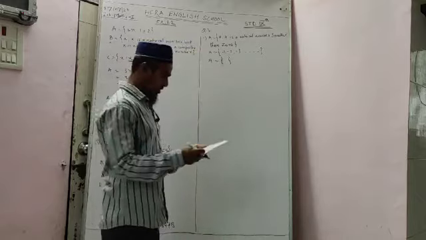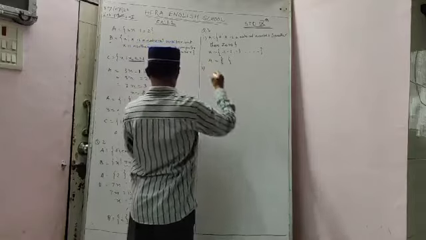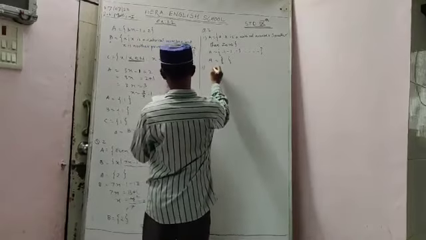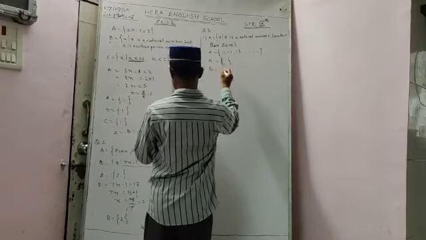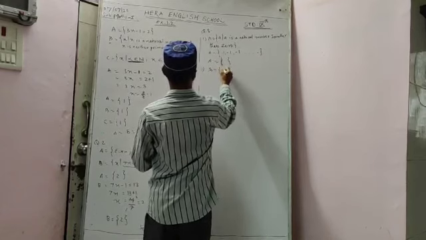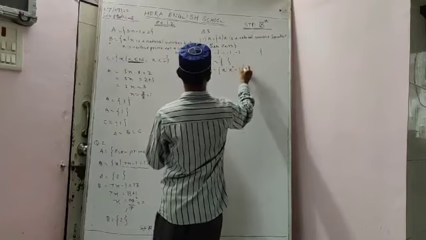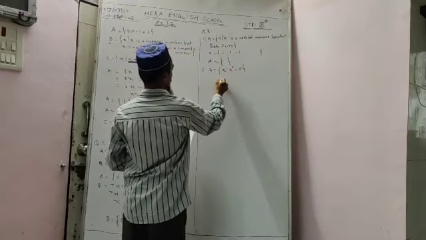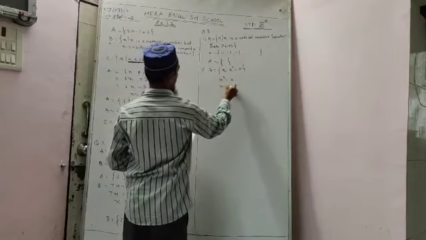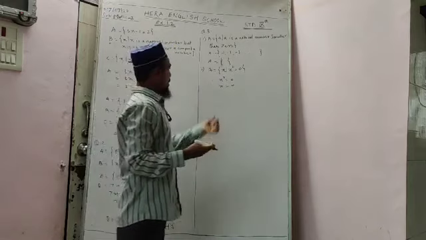Now see the second statement. B is equal to x square equal to 0. We'll solve this first. x square equals 0, so x is equal to 0.